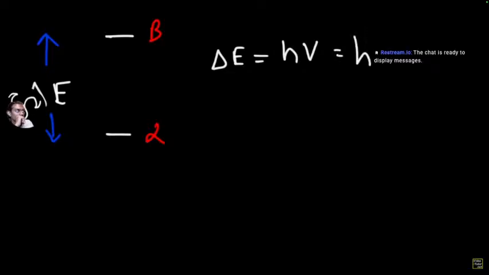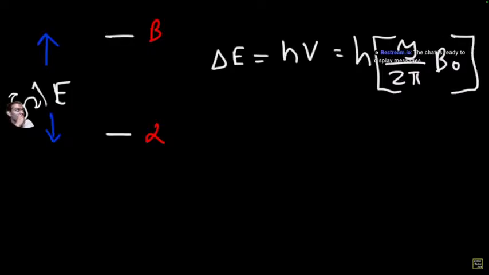Now, the frequency that we need is going to be equal to the gyromagnetic ratio divided by 2 pi times the strength of the applied magnetic field. And so you can see that delta E, the energy difference between the two states, is proportional to the applied magnetic field.